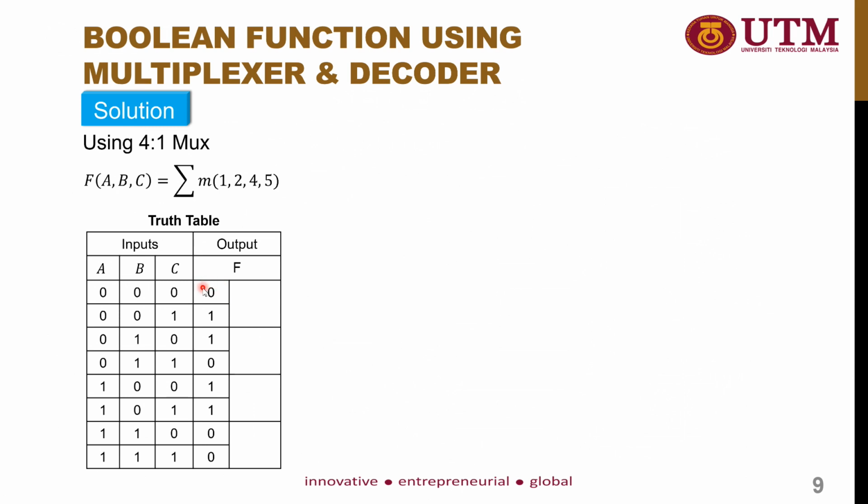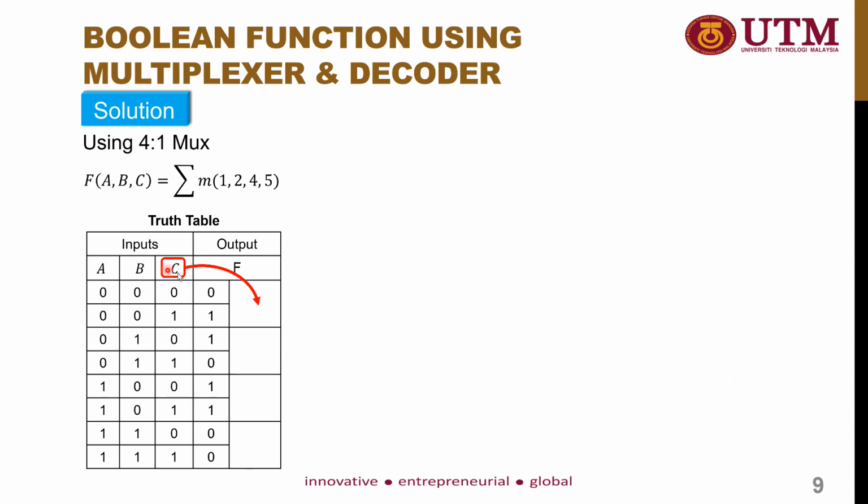But this time, you need to insert the element of C inside the output equations, because the 4-to-1 multiplexer only has a total of 2 selectors. So you can only have 2 types of input connected to the selectors.